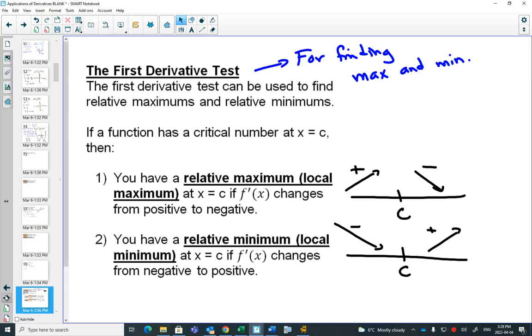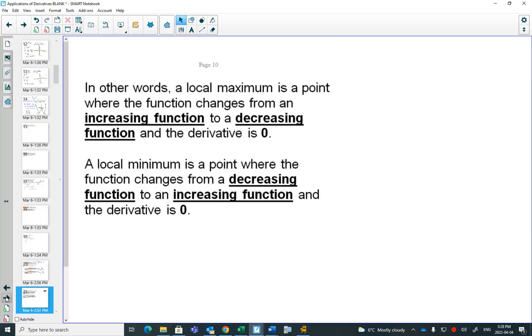In order to use the first derivative test, you need two pieces of information. You need to first show that it's a critical number. In other words, the derivative is equal to 0. And then secondly, you need to show that it's changing either from increasing to decreasing or decreasing to increasing. And that wording is shown up here. You will get confused with the second derivative test when we get to it.